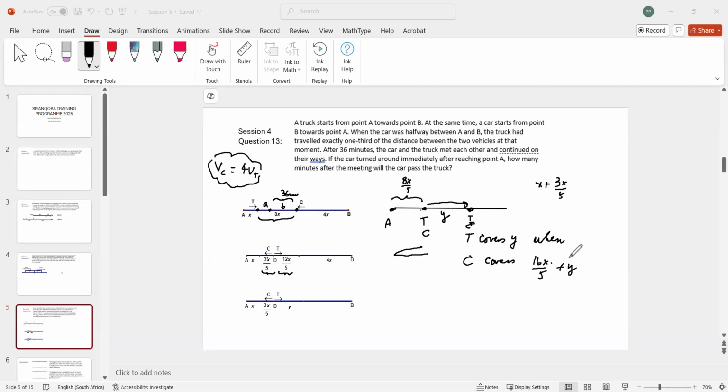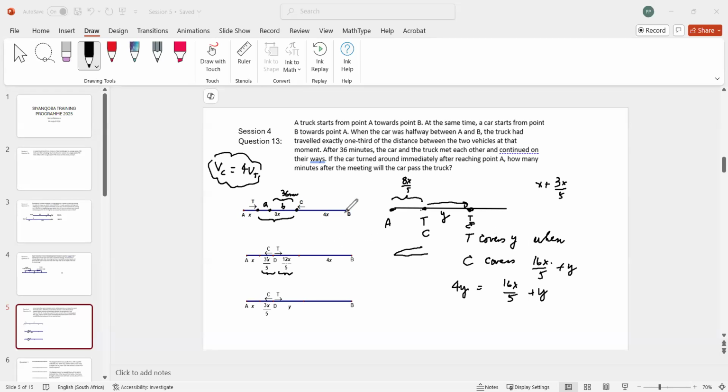And so now that tells you something, because what we are saying here is that the speed of the car is 4 times the speed of the truck. So when the truck covers Y, 4 times that distance will be equal to 16x over 5 plus Y. The car would have covered 4 times the distance that the truck covers.